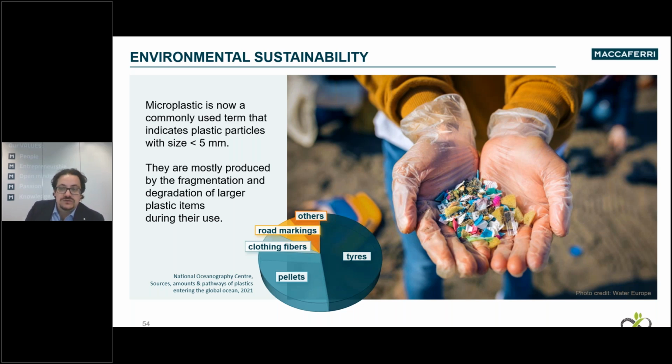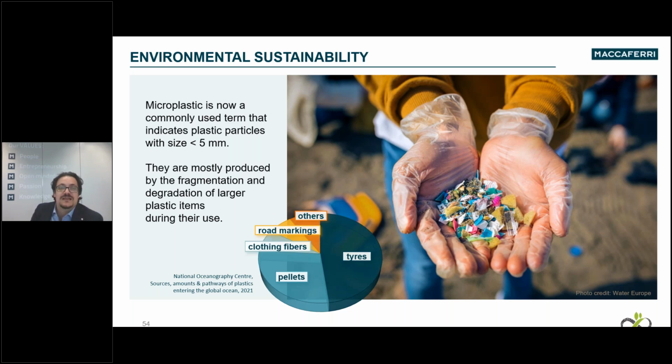You have also 8% that comes from textiles, not geotextiles, textiles, that typically come to the water because in your washing machine you get some loss of fibers during the washing treatment. And an additional 7% comes from the road markings.